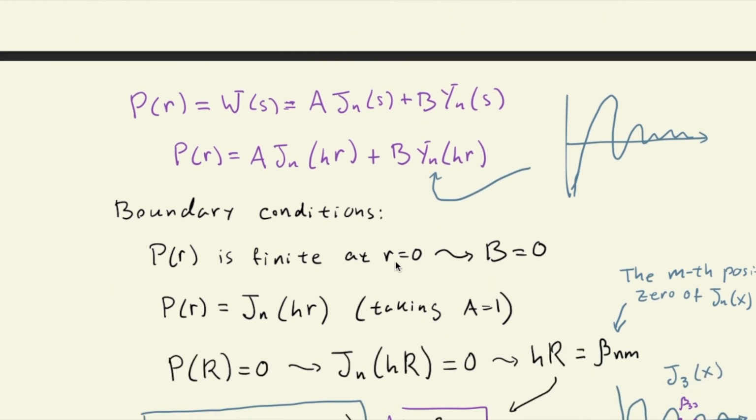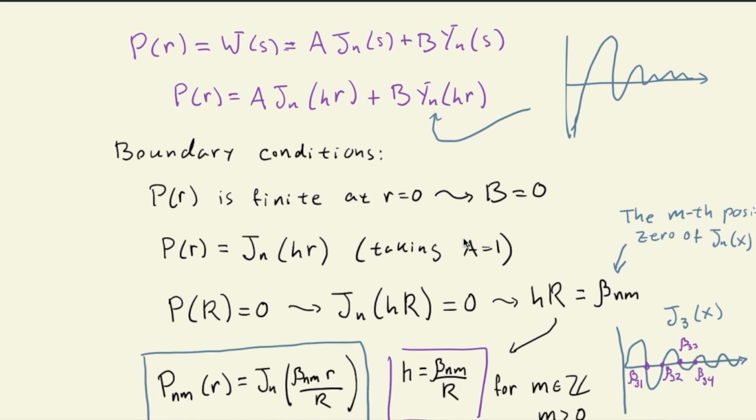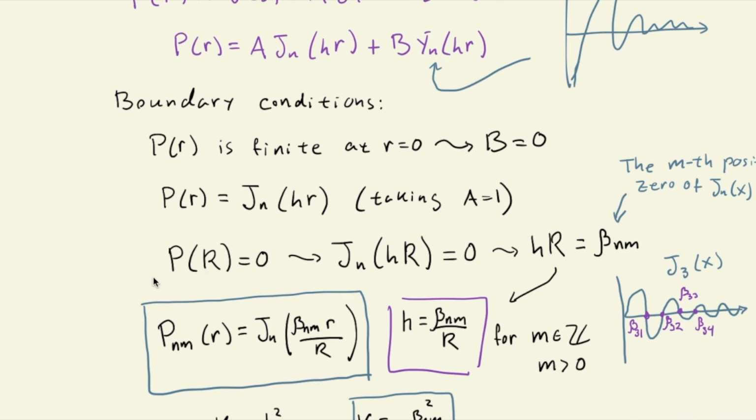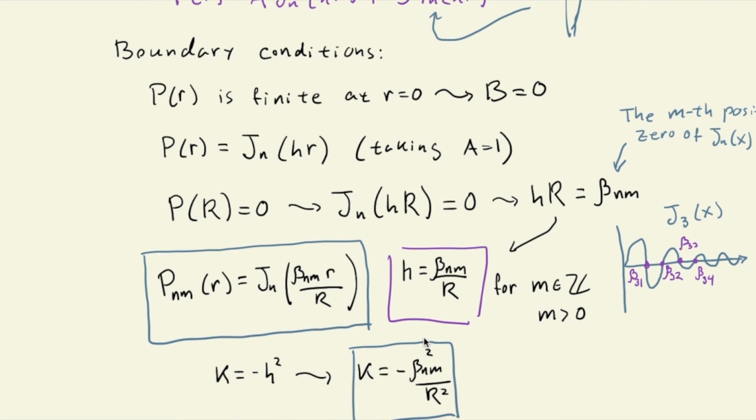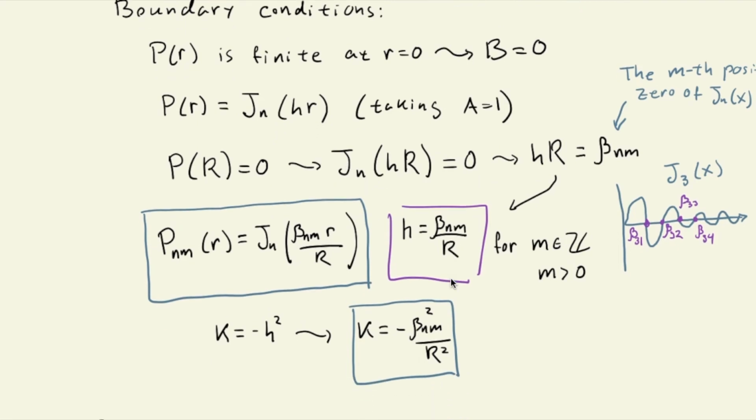The condition of being finite at r equals 0 discards the Y function, because Bessel functions of the second kind go to infinity when r goes to 0. So p will have to be just J times hr, a Bessel function of the first kind, and the fact that it has to vanish at capital R forces this number h to have this form, where beta is one of the zeros of the nth Bessel function J_n of x.